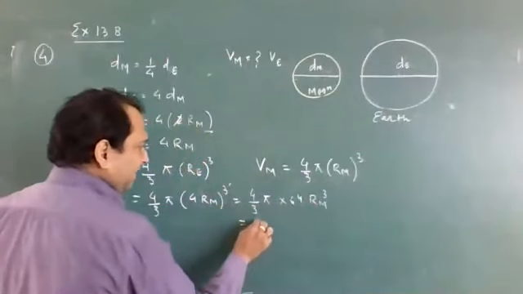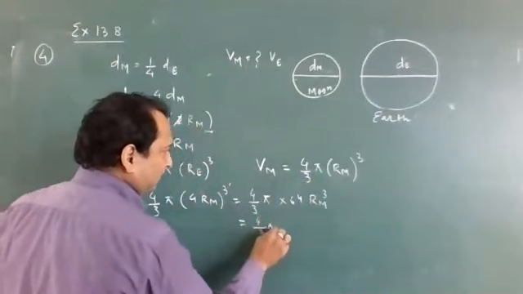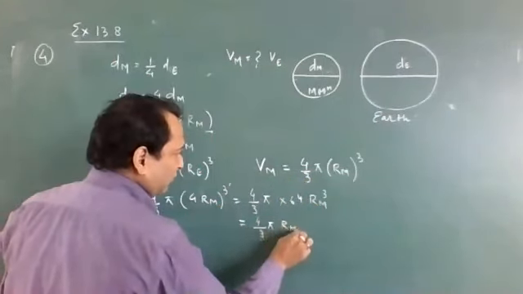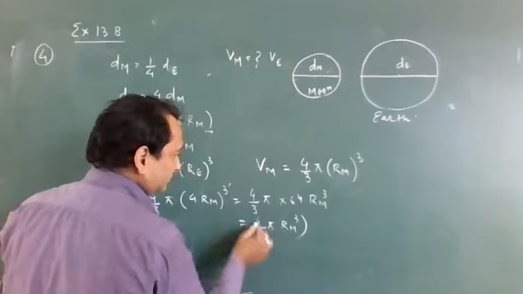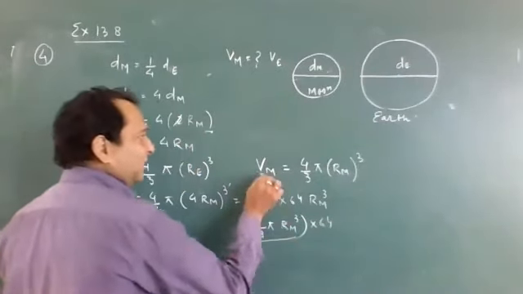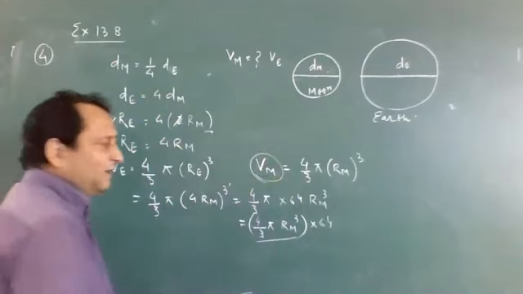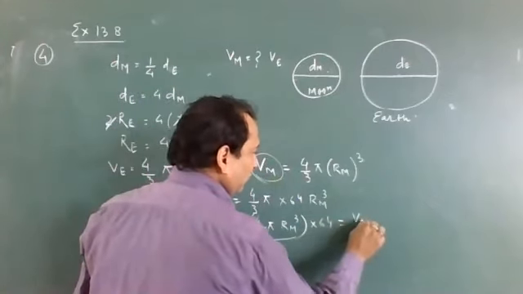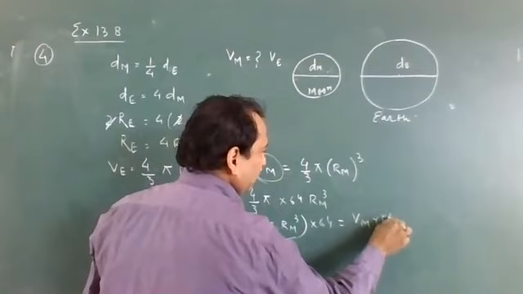It can be written as 4/3 pi rm cube into 64, and 4/3 pi rm cube is the volume of the moon. So volume of earth is volume of moon into 64.